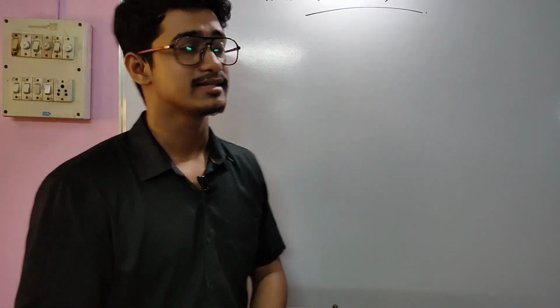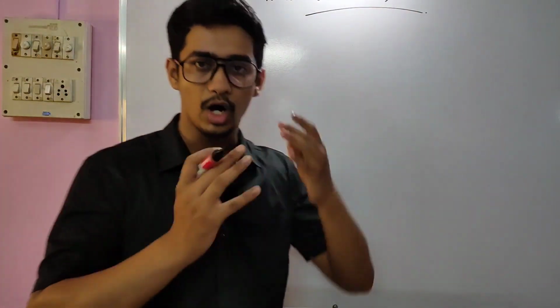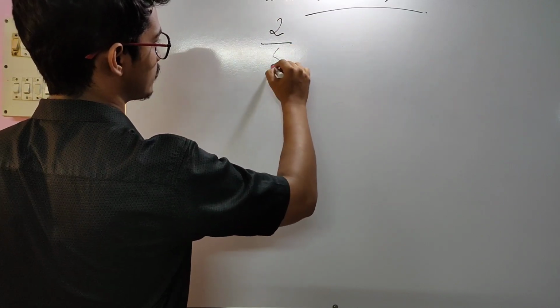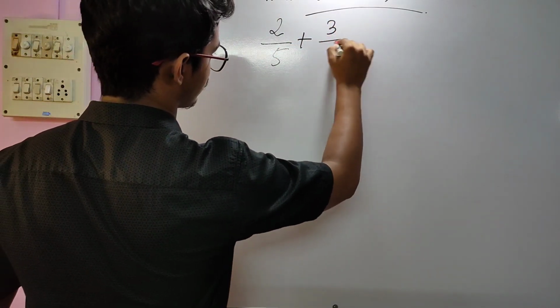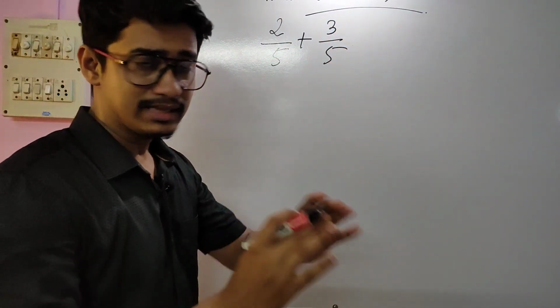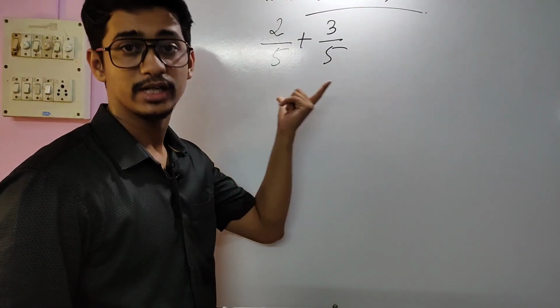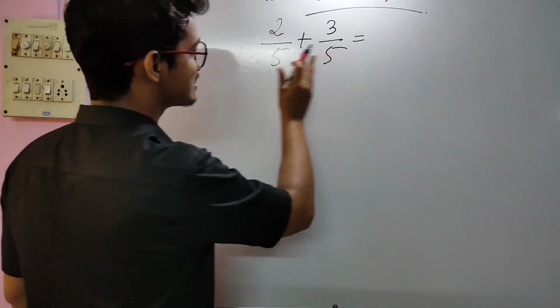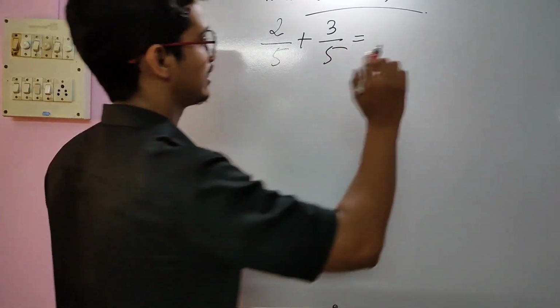So now let's understand, when the denominators are same, how do we add two different fractions? For example, let me take one example of 2 by 5 plus 3 by 5. Now see, when the denominators are same, then we just simply take these two denominators as one.